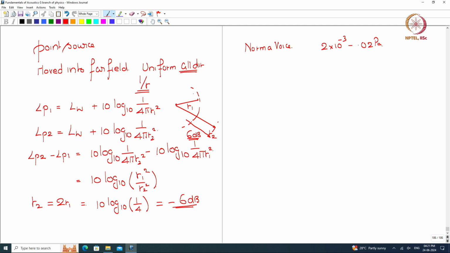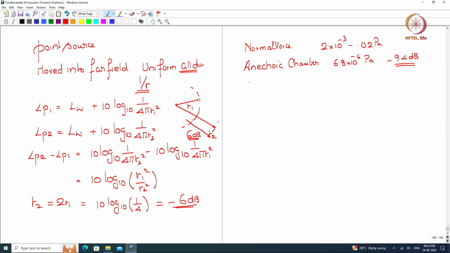This is above the mean. If you have an anechoic chamber, we have spoken of an anechoic chamber, right, then that can be 6.8 into 10 to the power minus 6 pascals, which is minus 9.4 dB, because it is softer than the reference sound level.